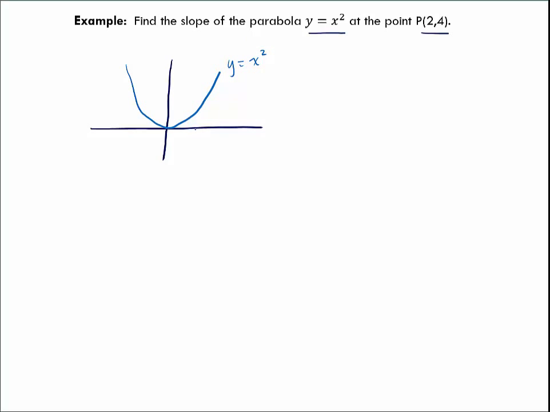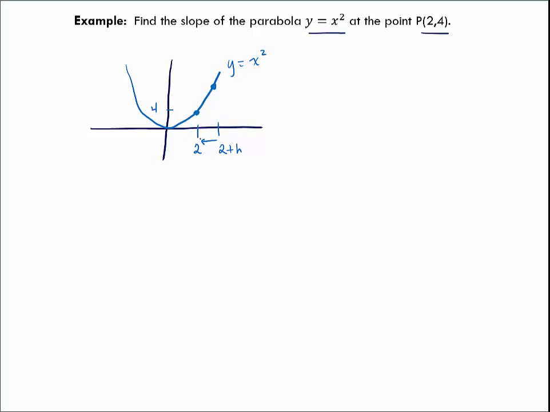And what I want to do is I have this point 2, 4. And I say we begin with this secant line where my second point is somewhere here, and we'll call that distance 2 plus h. But I want to know at exactly the point where x equals 2. So what I'm ultimately doing is I'm shrinking this. I'm letting my h approach 0.